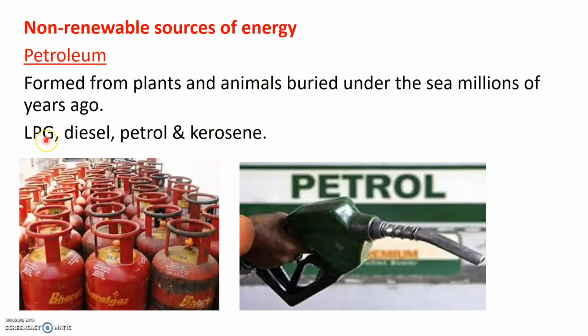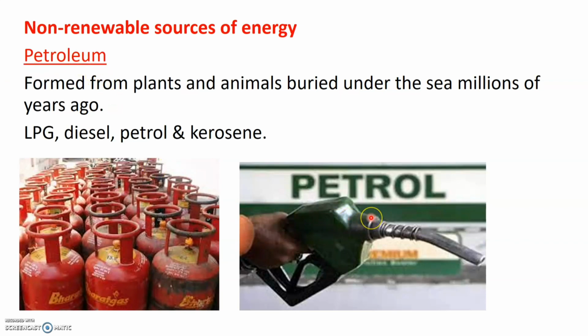Now, what we use at home, that is LPG, liquefied petroleum gas, is what we get in cylinders at home. This LPG, diesel and petrol that we use as a fuel in vehicles, and kerosene, all these are formed from petroleum.